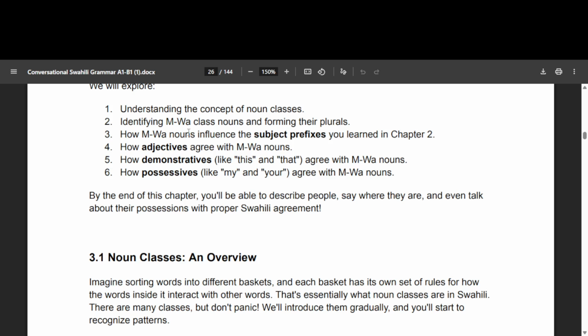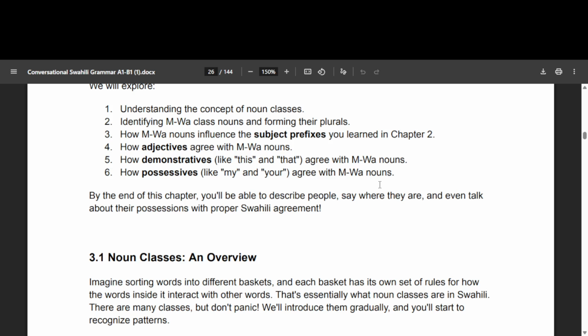We will explore: understanding the concept of noun classes; identifying MOA class nouns and forming their plurals; how MOA nouns influence the subject prefixes you learned in chapter 2; how adjectives agree with MOA nouns; how demonstratives like this and that agree with MOA nouns; and how possessives like my and your agree with MOA nouns.